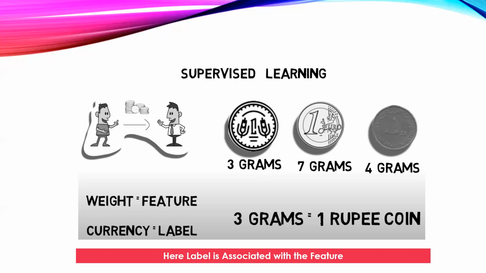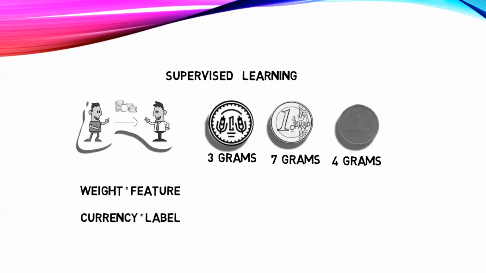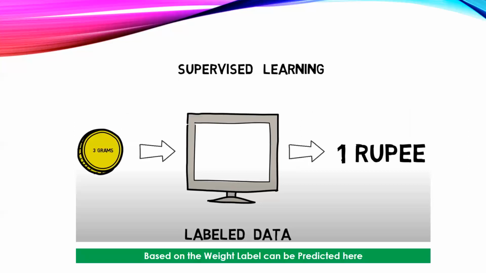That is called supervised learning, because supervised learning has a label associated with the feature. Here the weight is the feature. So how can a computer, or a model, predict from the weight? Looking at 3 grams, it knows that this is labeled as a 1 rupee coin, right?